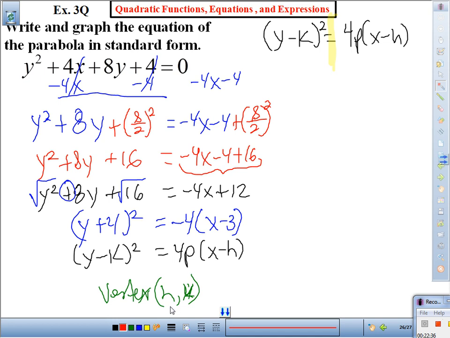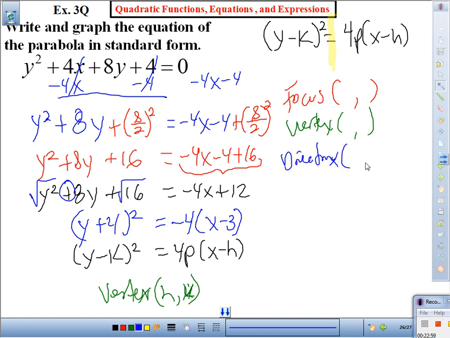Who asked me? Oh, Leo asked me. All right. So we need a what? A focus. We need a vertex. We need a directrix. And we need a value for p.